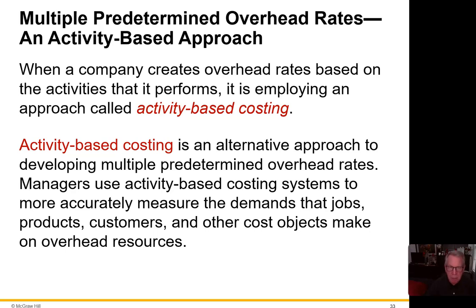But this is activity-based costing, and it's an alternative approach to developing multiple predetermined overhead rates. This is going to be the most accurate, and of course, the most lengthy to calculate. We use activity-based costing systems to more accurately measure the demands that jobs, products, customers, and other cost objects make on overhead resources.